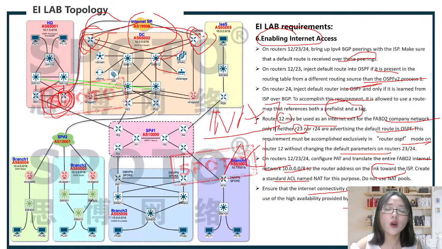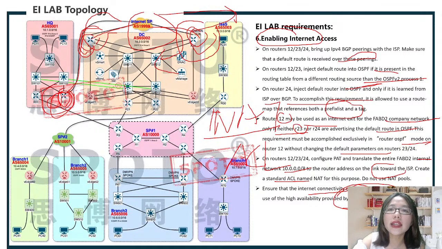These three devices serve as the egress of the company internal network. So the task requires router 24 to inject the default route into OSPF only when the default route is obtained from the ISP through BGP.